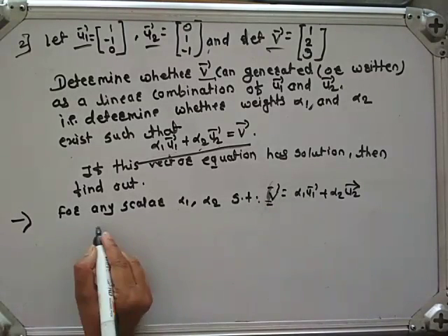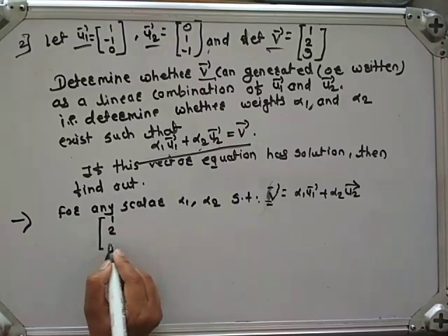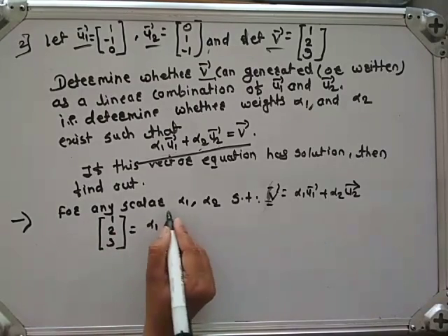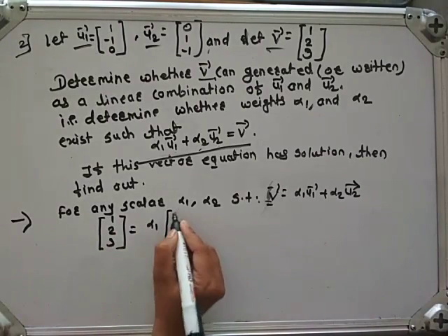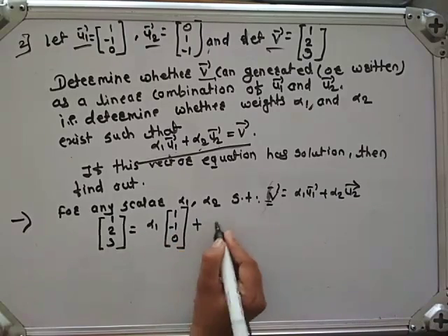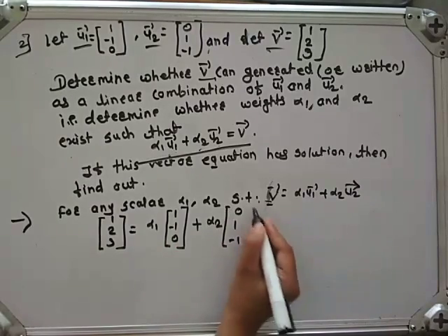Here what is V bar? V bar is matrix 1, 2, 3, which is equal to alpha 1 into matrix u1 bar, matrix 1, minus 1, 0, plus alpha 2 into matrix 0, 1, minus 1.